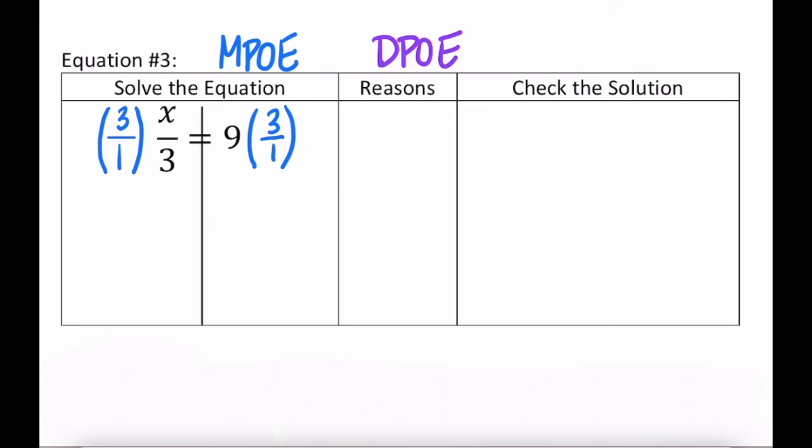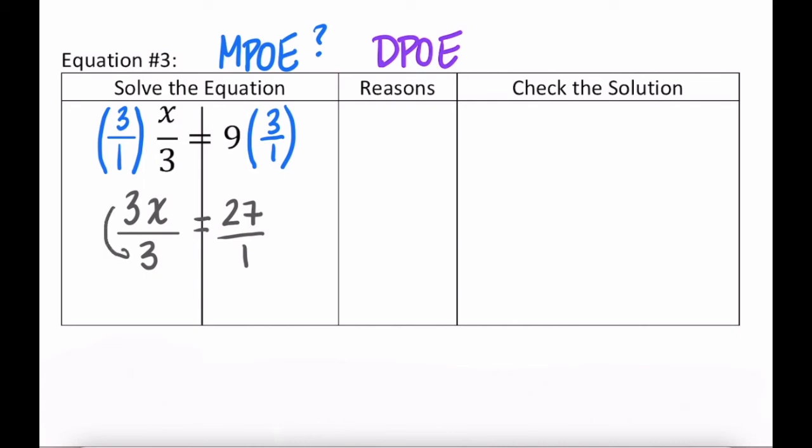Let's just see what happens when we apply this multiplication. Okay, so as we recall, the rules for multiplying fractions is just to multiply straight across. So that would mean 3x in the numerator, and 1 times 3 is 3 in the denominator. And then on the other side, 9 times 3 is 27 over 1. Now this might look a little messy, but bear with me here.